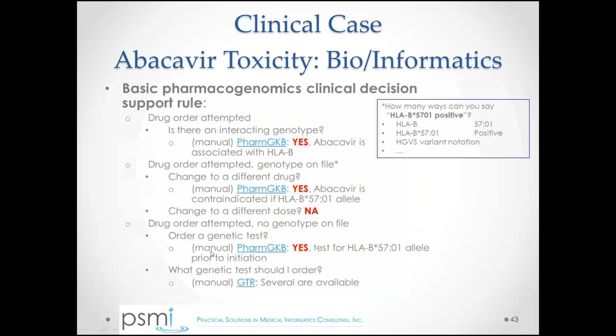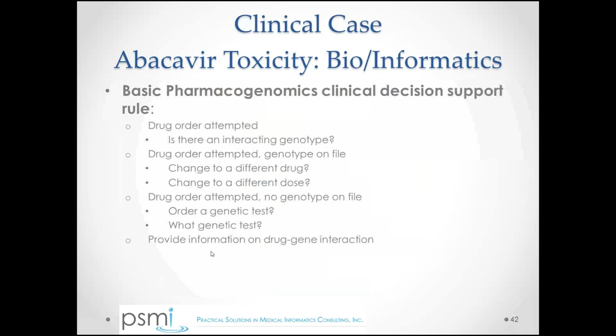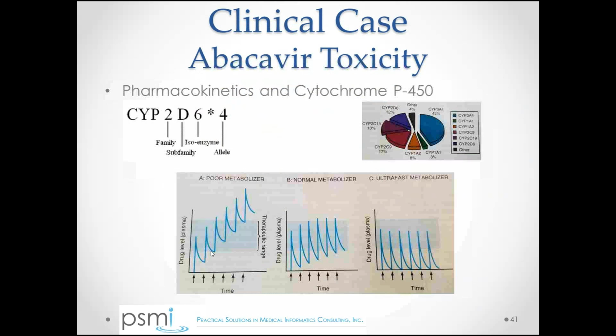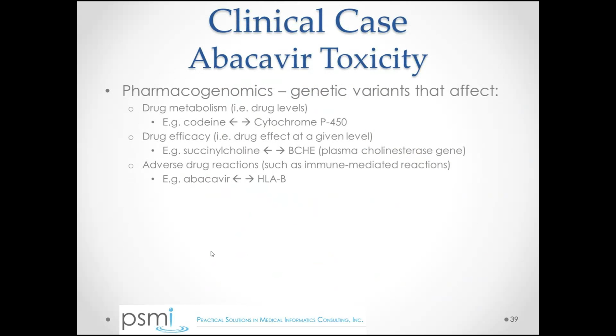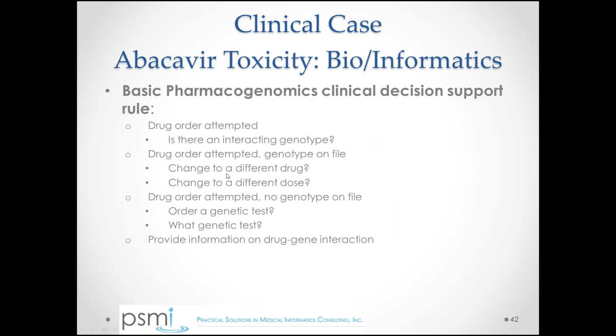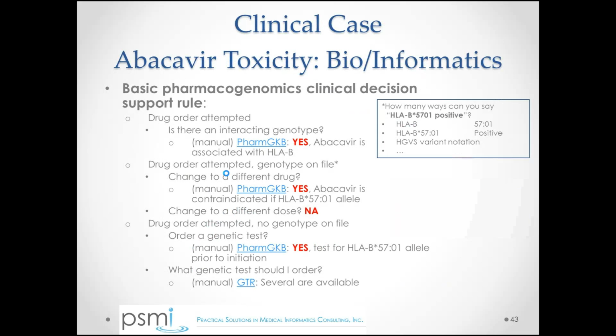So the three subtypes of pharmacogenetic information that you can convey now in the standard relate back to, is there a drug metabolism issue, is there a drug efficacy issue, or is there an adverse drug reaction risk? Okay.